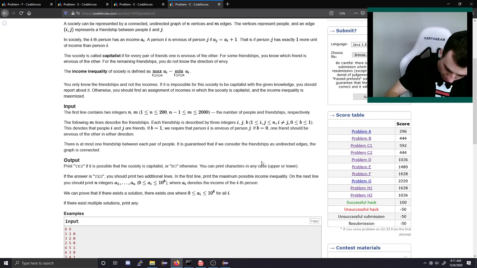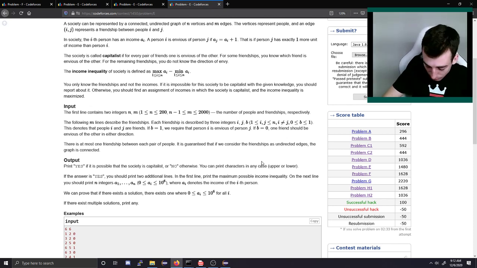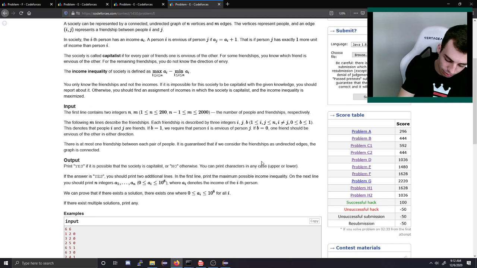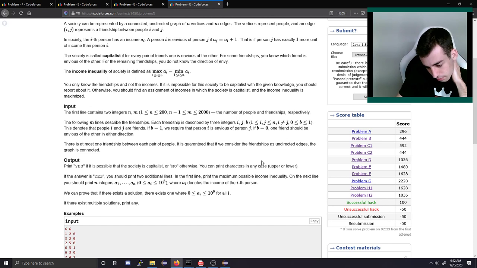Try again. So we pick the right starting point, which we'll do by brute force. Okay. So we got 0, 1, 1, 2, 3, 3. The problem here is we might have some edges that go the wrong way.